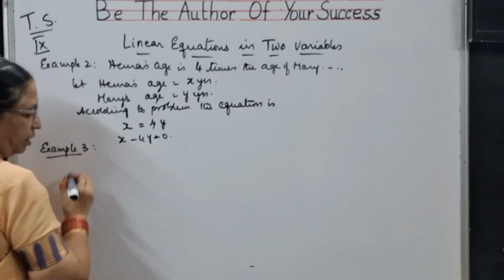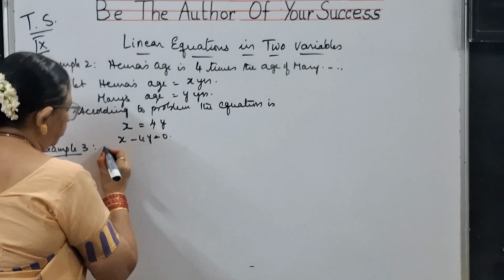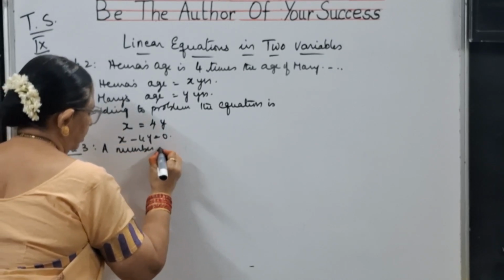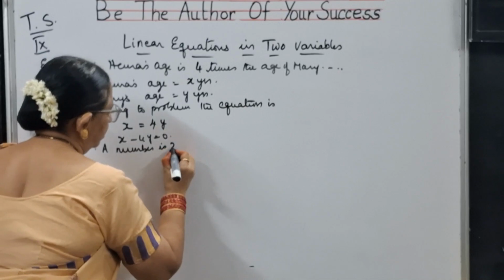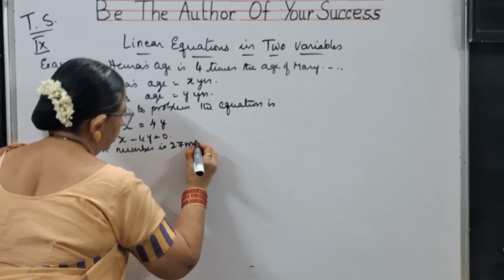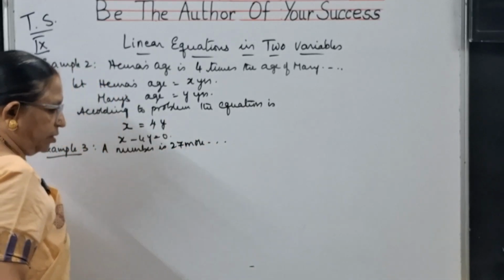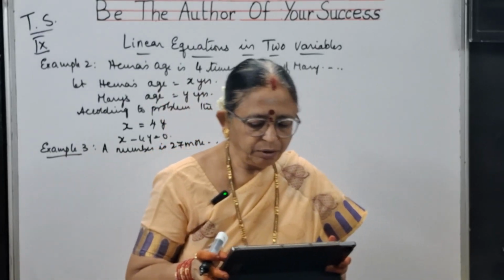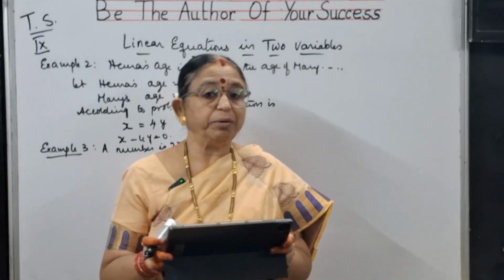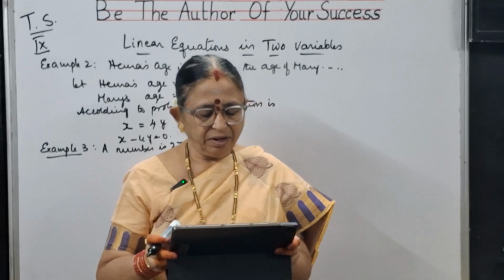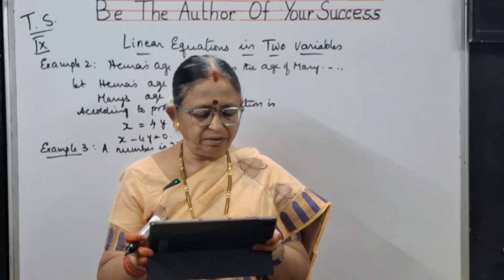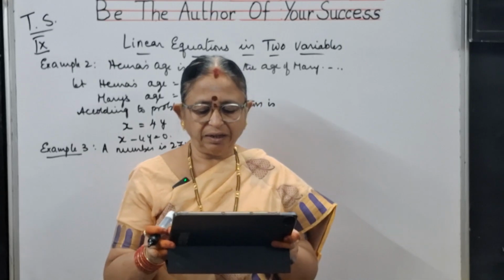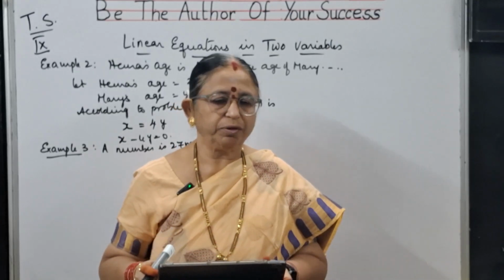Now we go for example 3. Let me read. A number is 27 more than the number obtained by reversing the digits. If its units and tens digits are x and y respectively, write the linear equation representing the above statement.